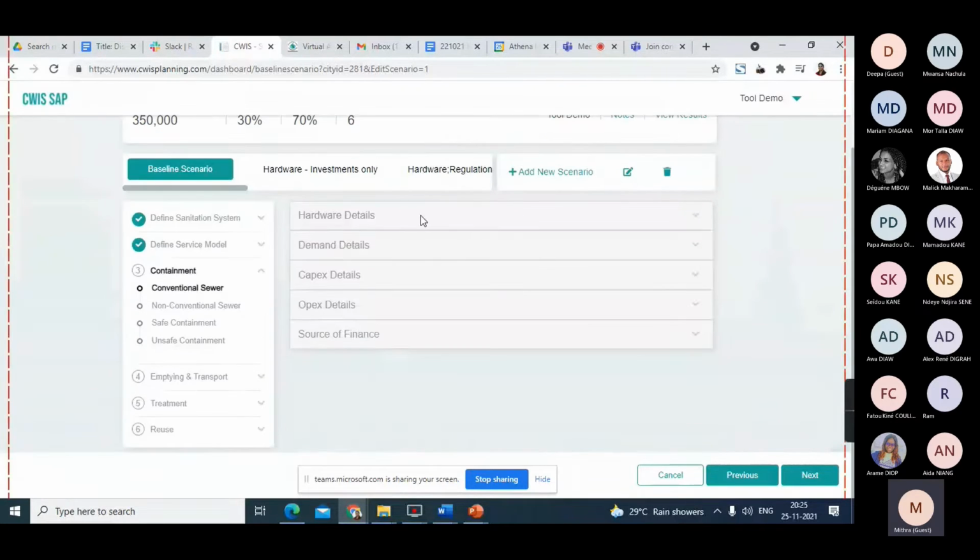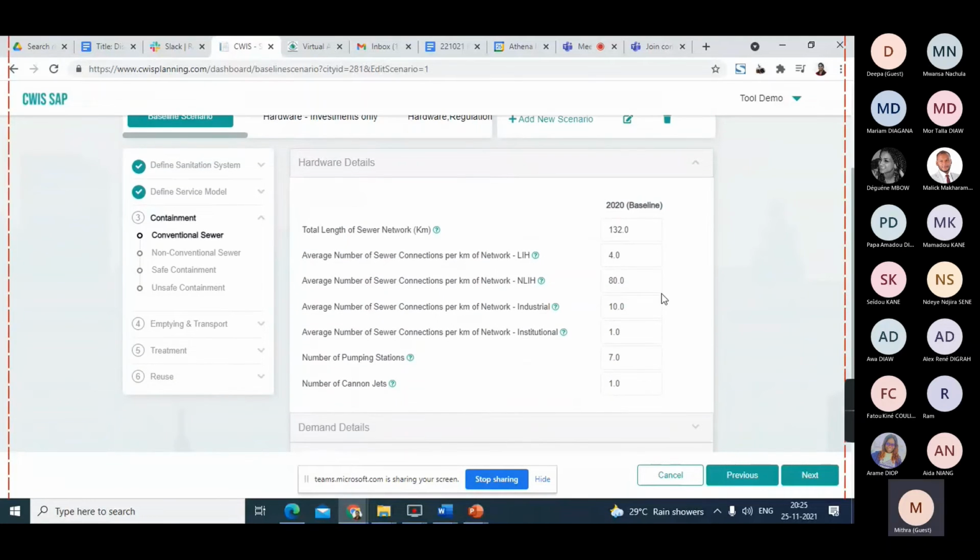If you see here, all of the data that is asked are based on the hardware details, demand details, capex, opex, and source of finance. And this is going to be similar up to the reuse section. Now let's go to the hardware. In the hardware, we are defining the units or the total length or the number of pumping stations, and so forth, that is particular to that type of level of coverage.